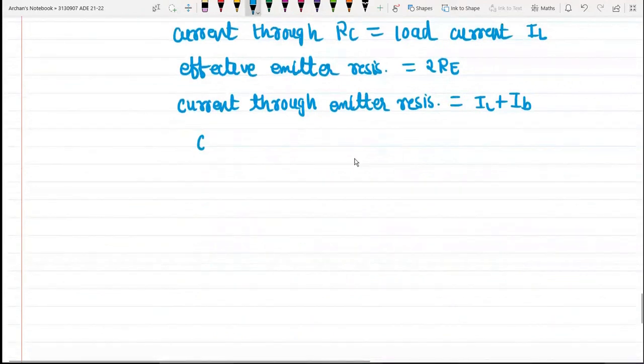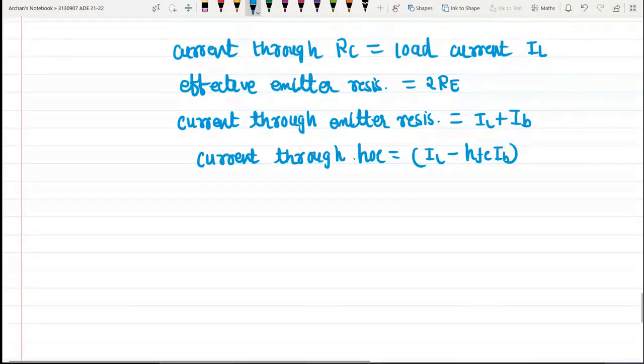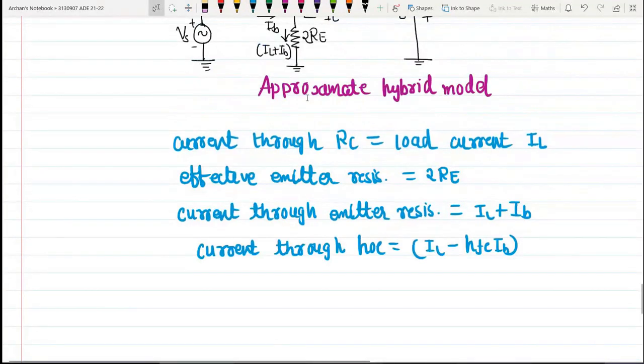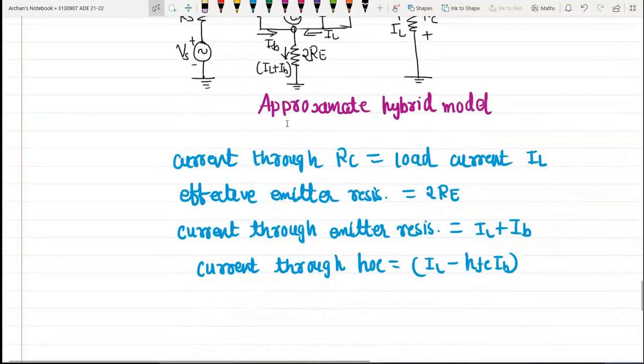So the current through HOE is nothing but the difference between the load current and HFE IB. So these are the parameters which we can derive from this hybrid model. Now apply KVL to the input loop and let us see what we are getting.